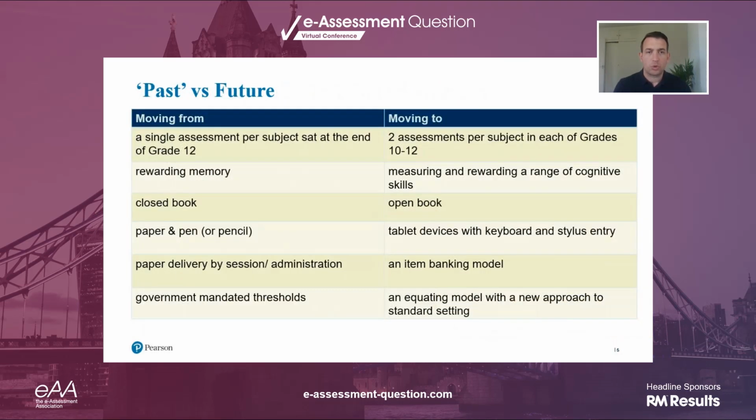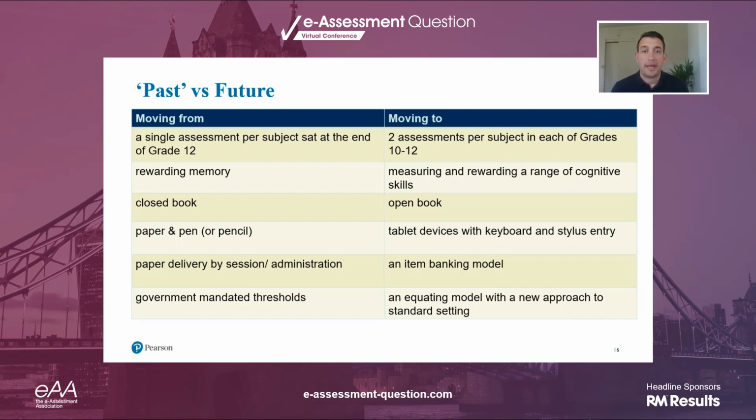So what's the current situation and where are we moving to? We're moving from a single assessment per subject sat at the end of grade 12 to 2 assessments per subject in each of grades 10, 11 and 12. We're moving from a test that rewards memory alone to measures and gives credit for a range of cognitive skills being displayed. We're moving from a closed book to an open book assessment experience.